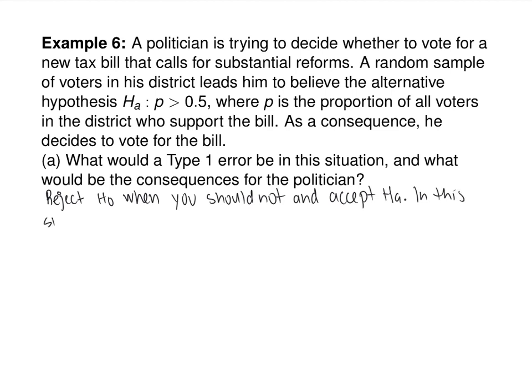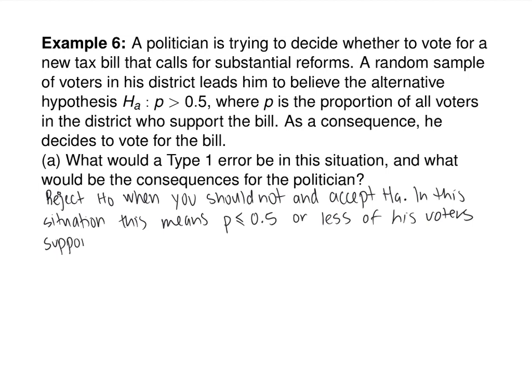In this situation, this means p is less than or equal to 0.5, or half or fewer of his voters support this bill. And what that means is he just helped to pass an unpopular bill.